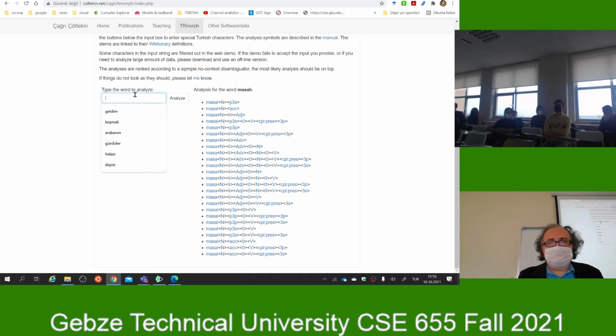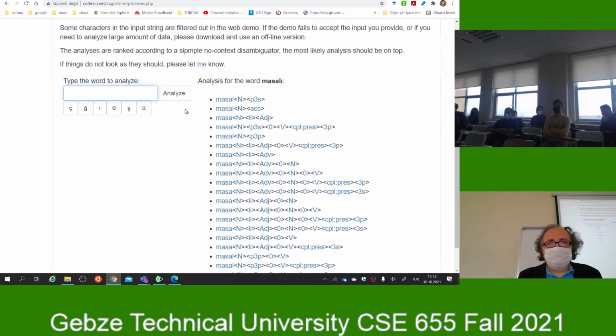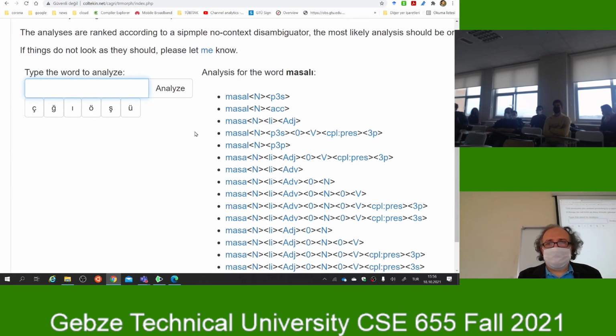I write masalı here. It says that masal is the root word, it's a noun, then Person 3. So I am talking about the third person singular suffix.